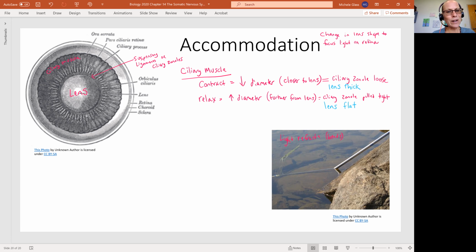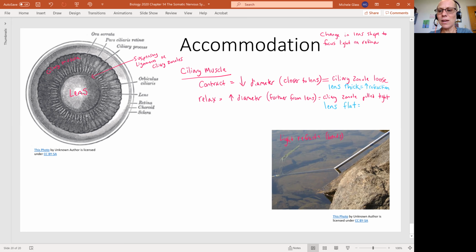Okay, now this is what matters. Remember that light is refracting, or bending, based on basically the thickness of the medium it has to go through. So if you have a thick lens, then you get a lot of refraction, a lot of bend.